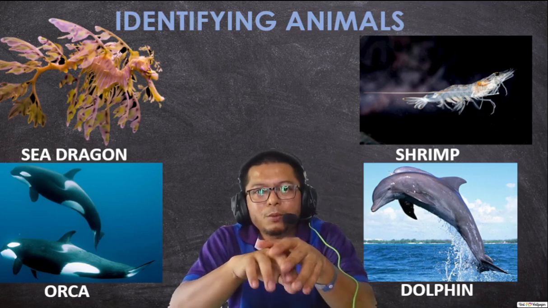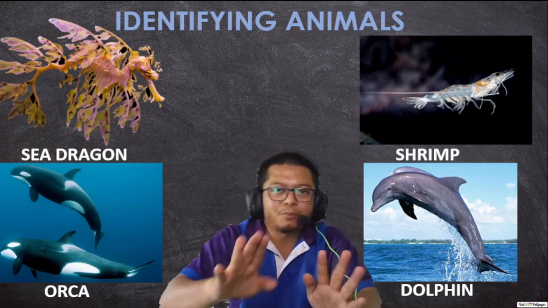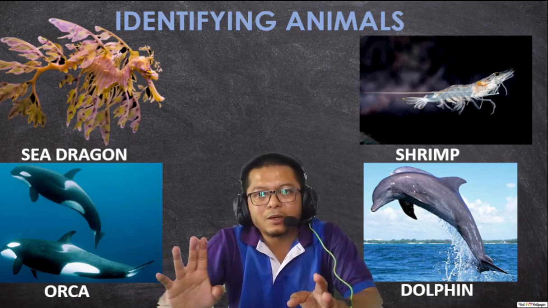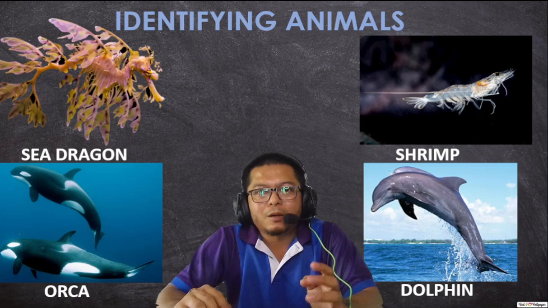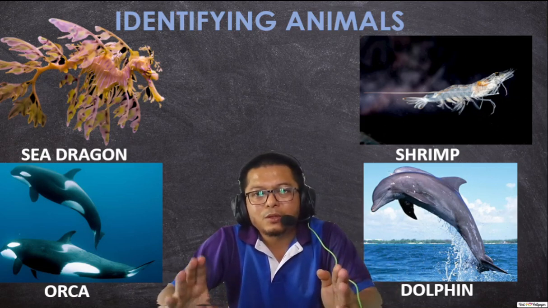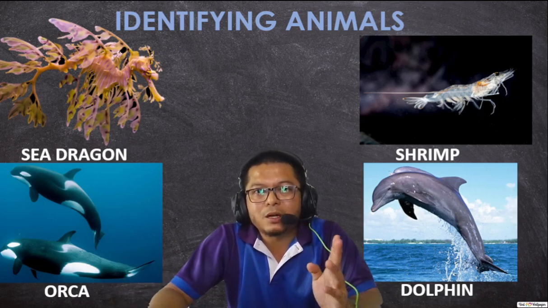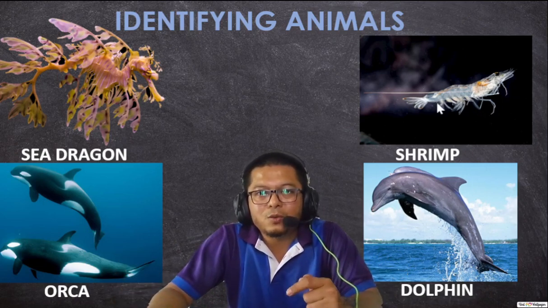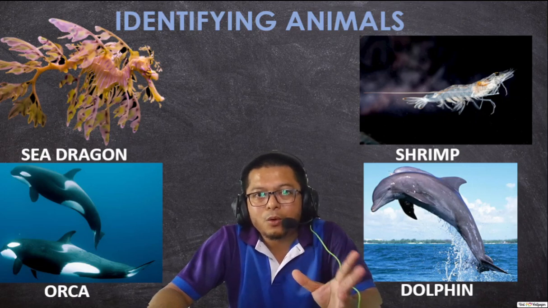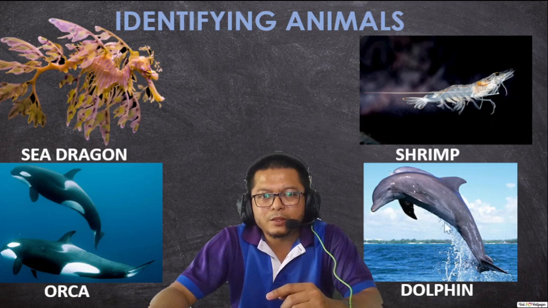Shrimp is udang juga, but air masin. So it's different. Prawn is freshwater. Shrimp is more to the sea. Prawn is more to rivers. So shrimp and prawns are not the same. For this one, it's shrimp. Shrimp is smaller. Prawns are bigger. And this is a dolphin.